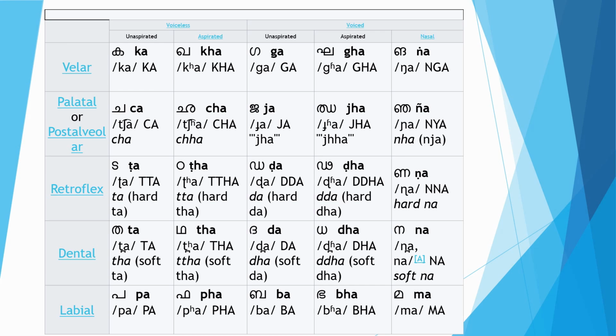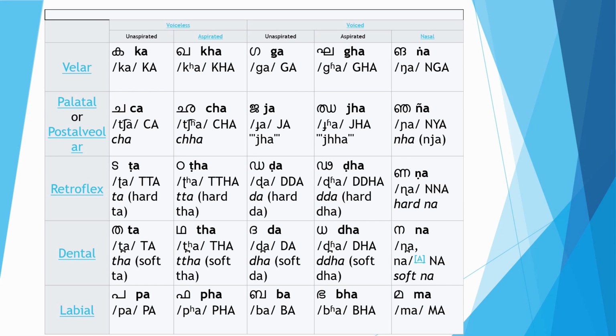Okay, the third one is retroflex. Retroflex consonants are articulated with the tip of the tongue curled back against the palate. Let us see how that is pronounced.